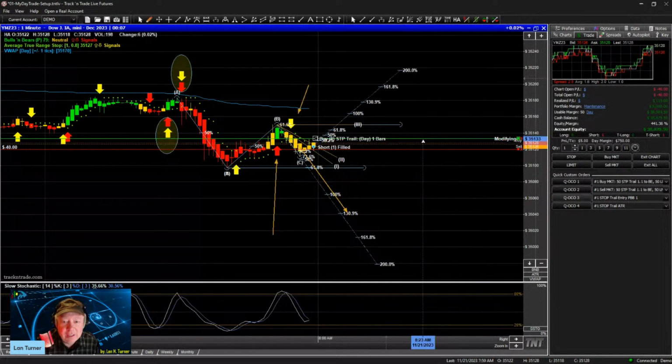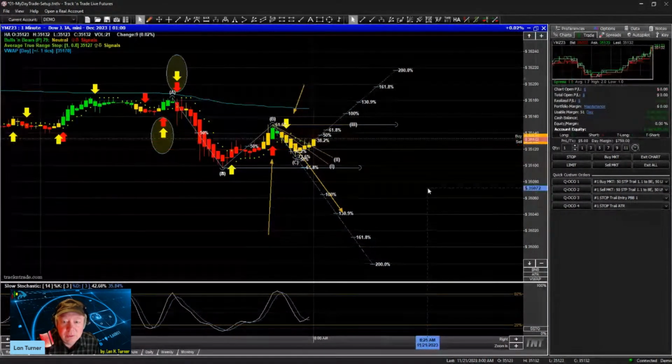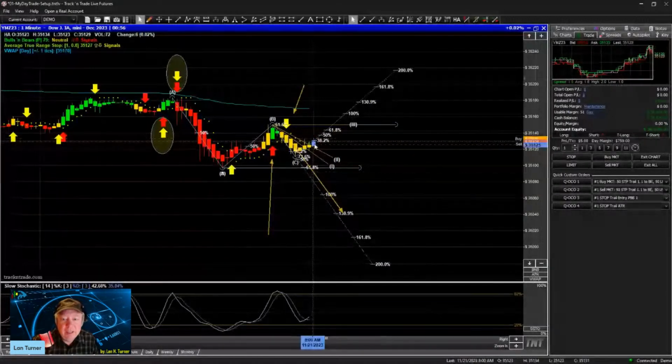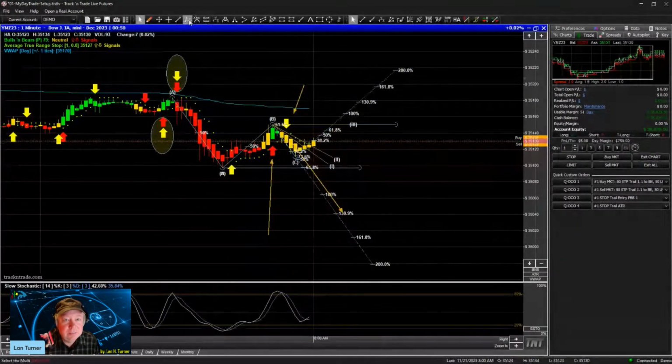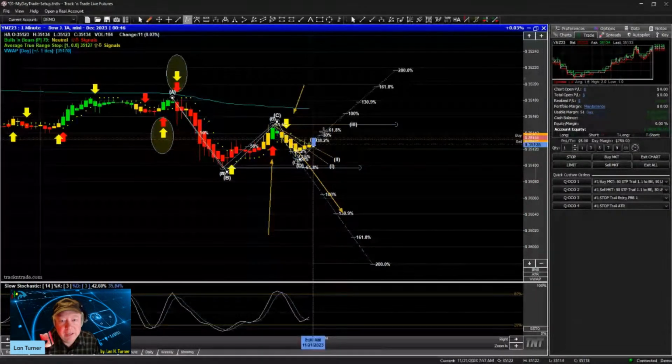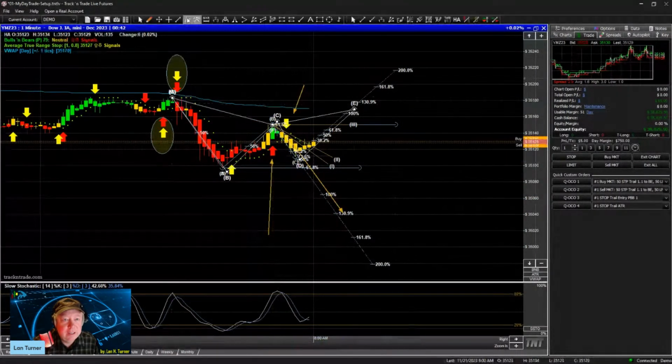It's still trying to rally. So we'll take that off. It looks like it wants to go back up. It's going to go up and give us a W bottom, one of these things. 1, 2, 3, 4, back up, tie off that little, that's a butterfly pattern right there.